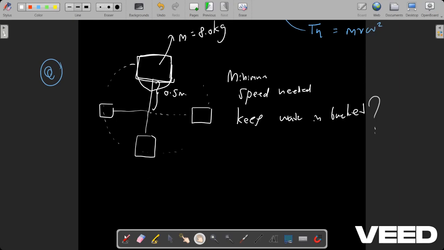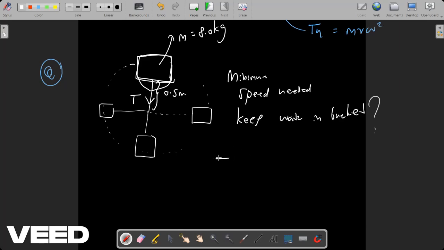So let's plug in the values. Remember, the tension is there, plus the total mass, including the bucket and the water, mg is equal to m v squared divided by r.